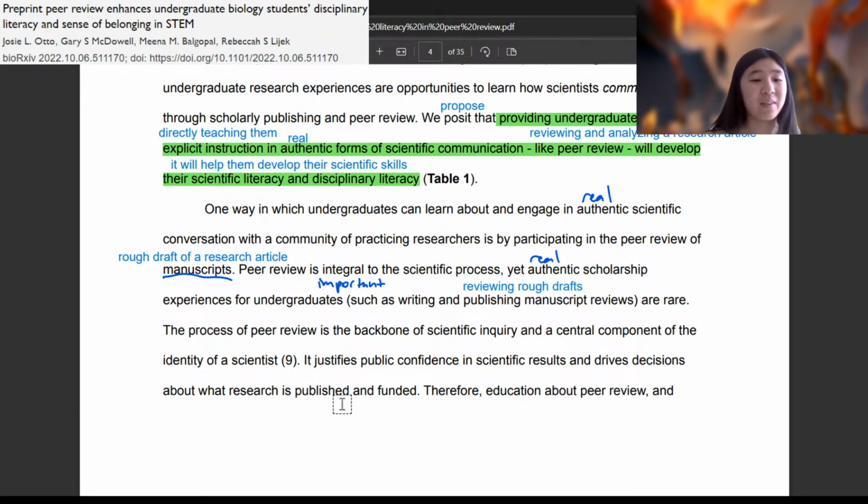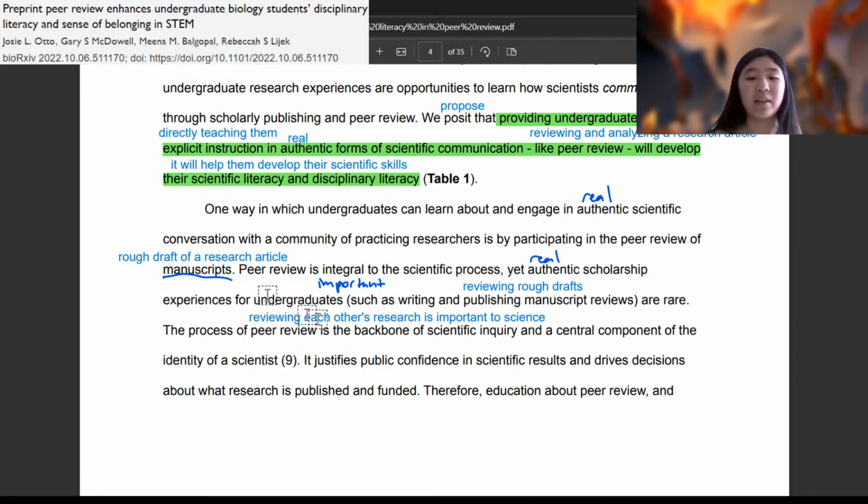But it says the process of peer review is the backbone of scientific inquiry. So basically, reviewing each other's research is important to science and a central component of the identity of a scientist.